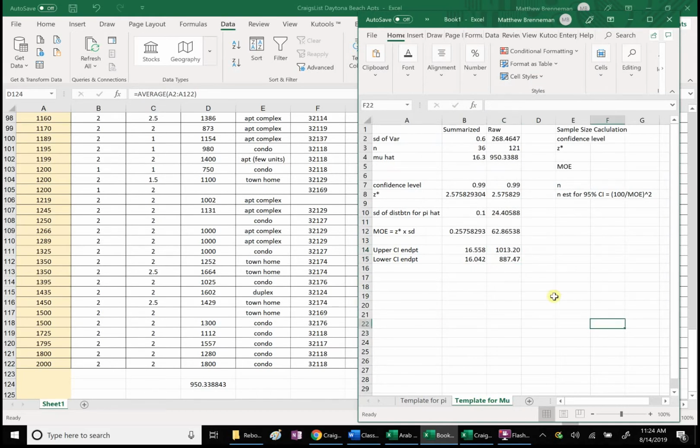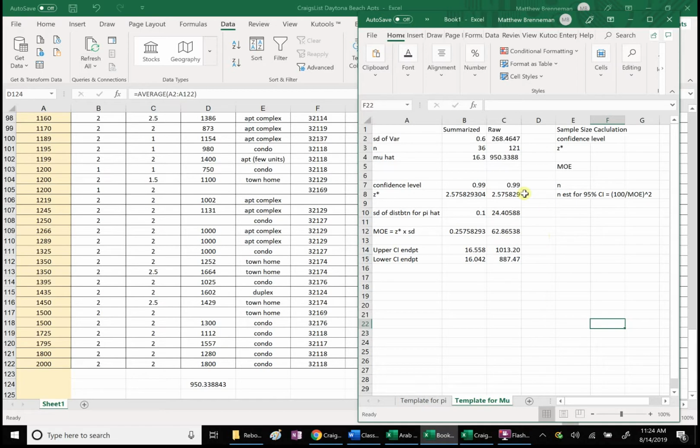But this means that I'm 99% confident that the average price for an apartment advertised on Craigslist in Daytona Beach is between, roughly, $887.50 and $1,013. You could put the exact cents in if you want, but it's not that big a deal. You might want to round that off to the nearest dollar.